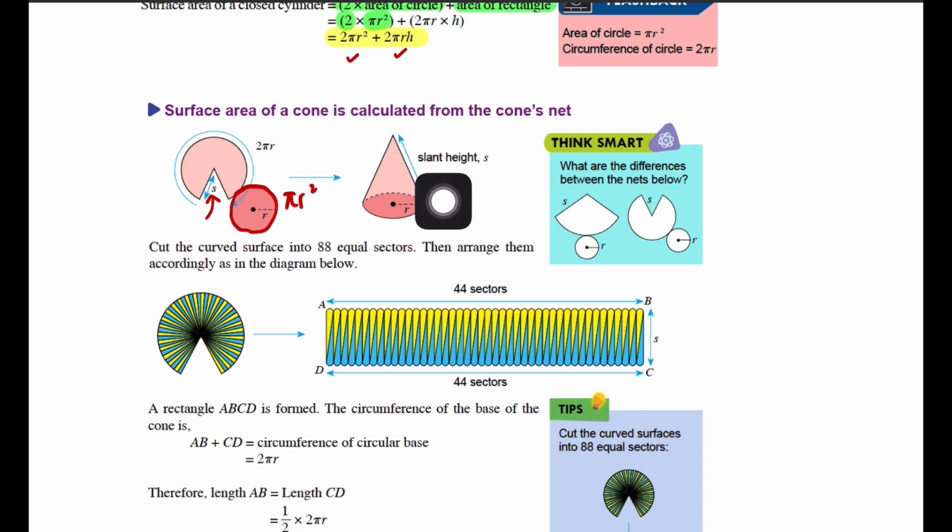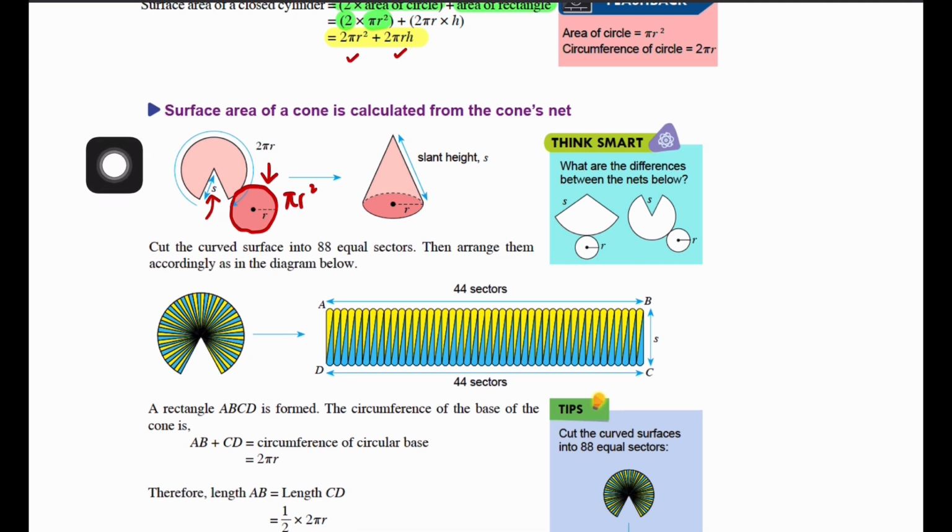Bila kita buka kon itu, kita akan dapat bentuk yang macam ni lah. Dan sekitar ni adalah 2 pi R. Kenapa? 2 pi R kata sebelum ni full circle. Tapi yang ni kenapa tak full tapi dia 2 pi R? Awak kena ingat, bulatan ni tadi, dia punya circumference is 2 pi R, betul?